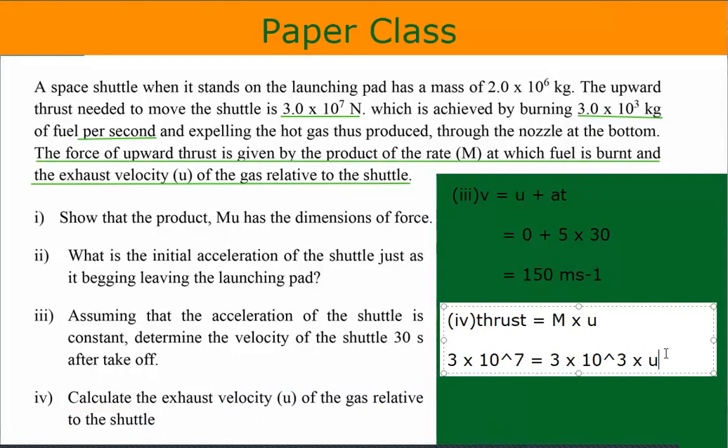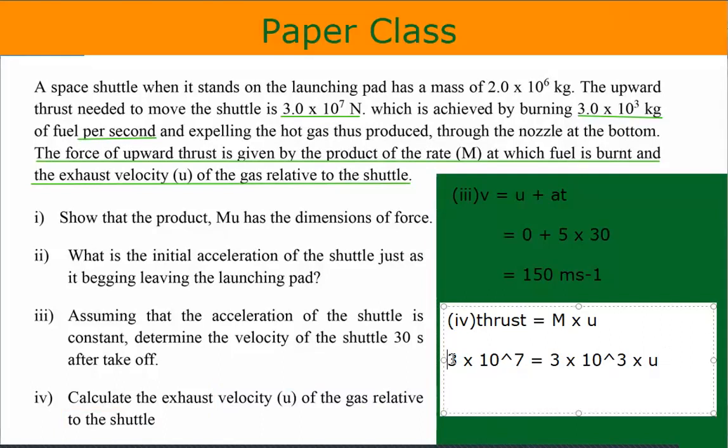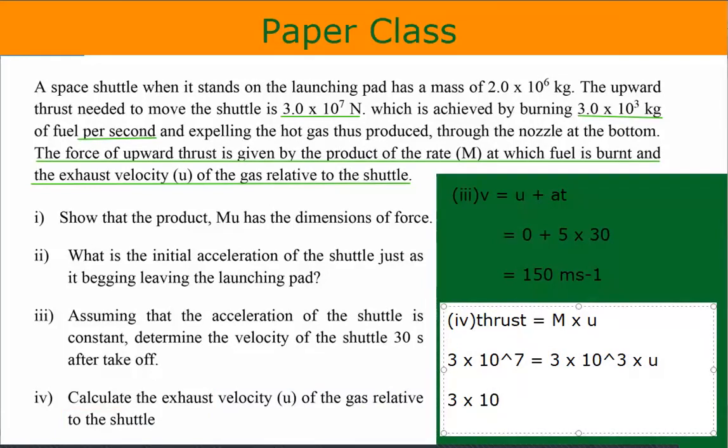What are the things that can be cancelled out here? This 3 and this 3 will be cancelled out. 3 into 10 to the power 3 comes to this side as division, so it goes to the denominator side.